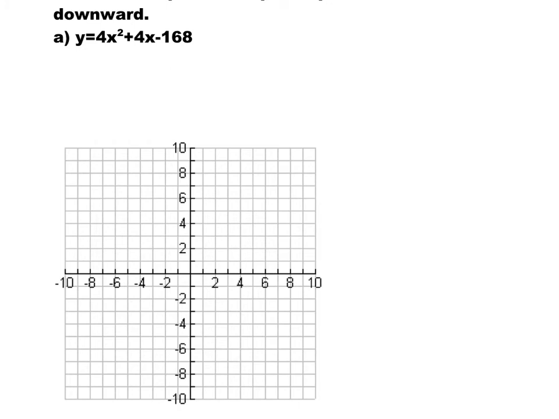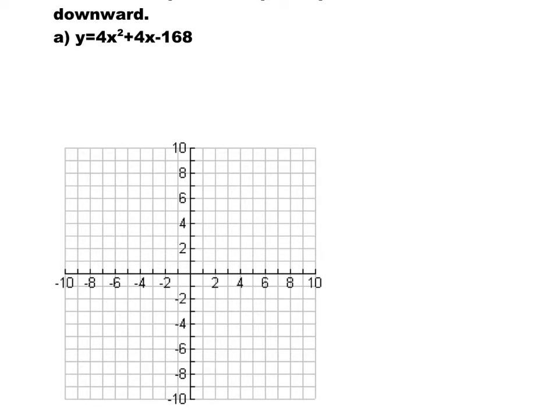Let's start with an example. y equals 4x squared plus 4x minus 168. We are supposed to graph this one. To graph this equation, we are going to find the x-intercepts, the y-intercept, and the coordinates of the vertex. Then we are going to plot the points.